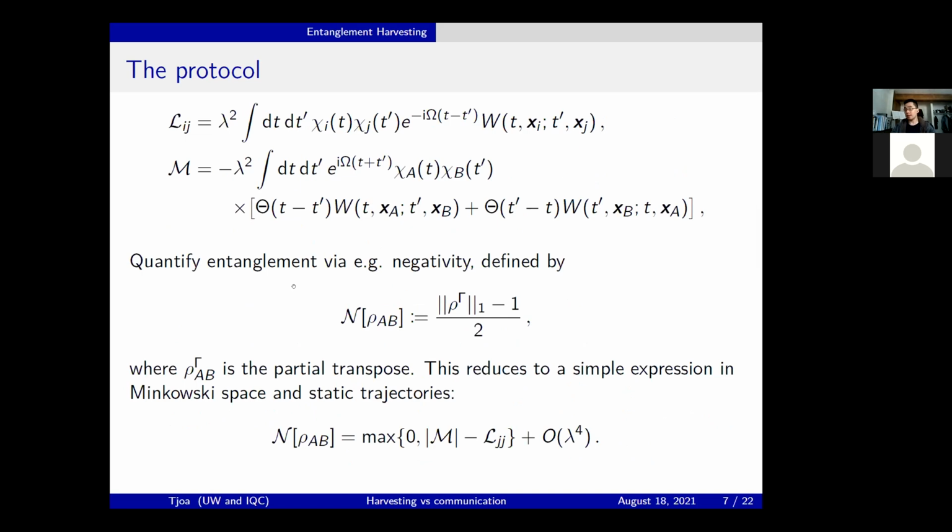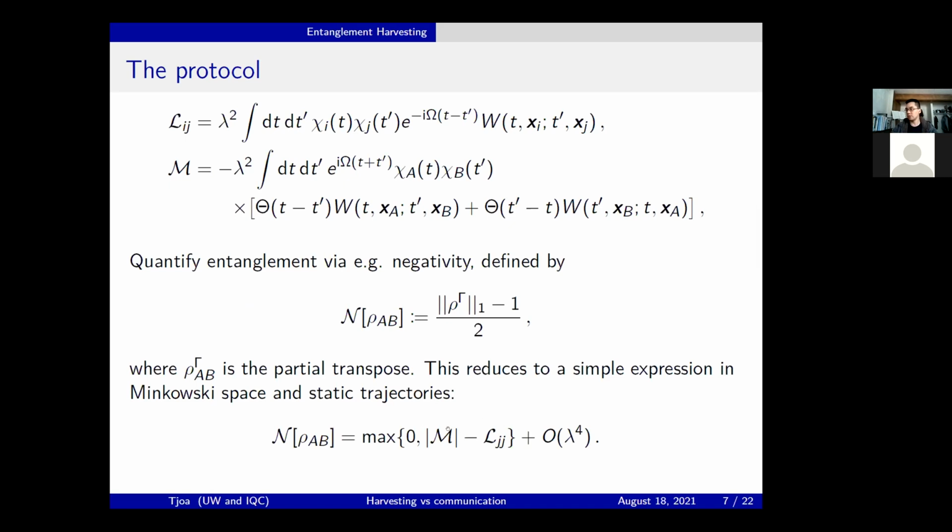you can compute the entanglement at the end of the interaction by, for example, an entanglement measure like negativity, which is the trace norm of the partial transpose of the reduced density matrix. And in this case, because we are going to restrict ourselves to the simplest case of Minkowski spacetime, and also restrict to the case where the detectors are at rest relative to the Minkowski frame, the laboratory frame, the one with the standard Minkowski coordinates, this negativity to leading order simplifies into something very simple.